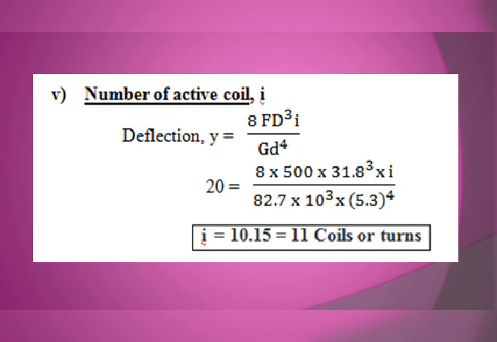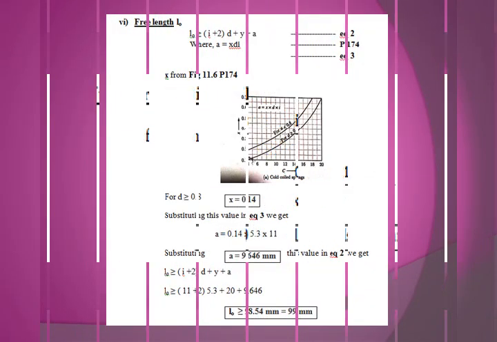Here deflection y is equal to 20, that is equal to 8 into force 500 into diameter 31.8 whole cube into i divided by 82.7 into 10 raised to 3, that is the modulus of rigidity G, into 5.3 raised to 4. So we are getting the number of active coils i equal to 10.15. It's supposed to be a whole number, so that is equal to 11 coils or turns. This is the number of active coils, that is equal to 11.